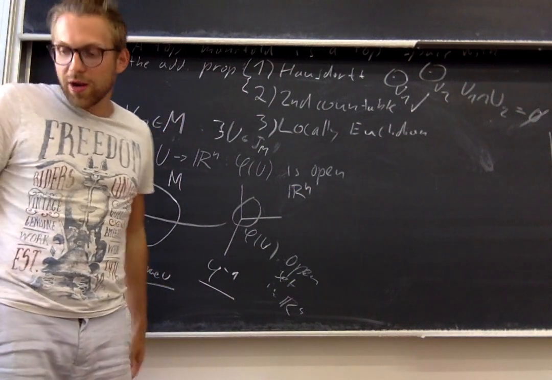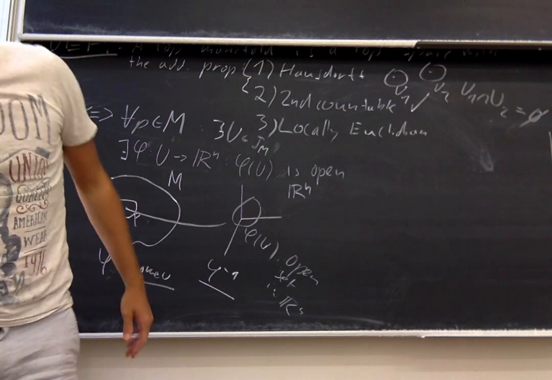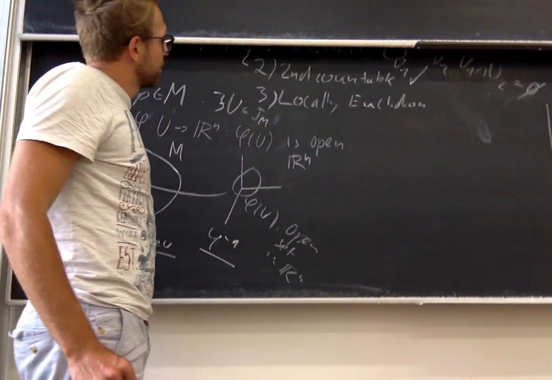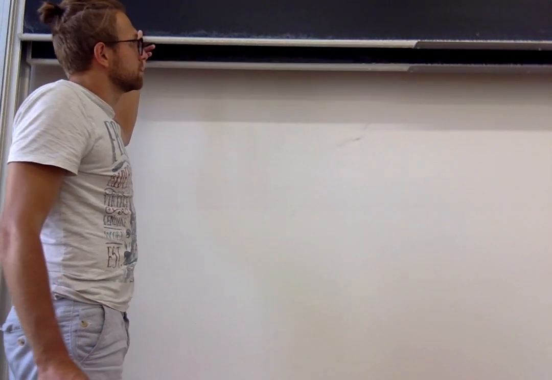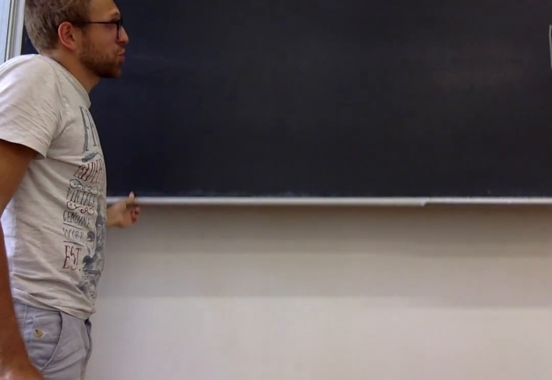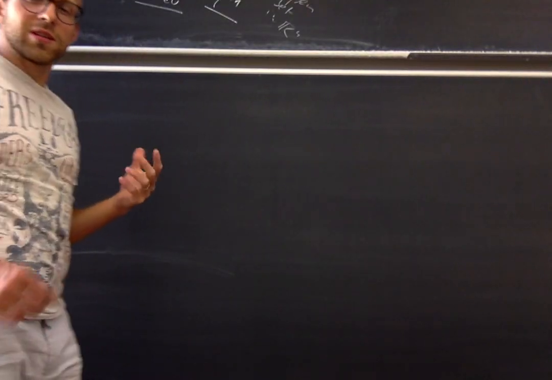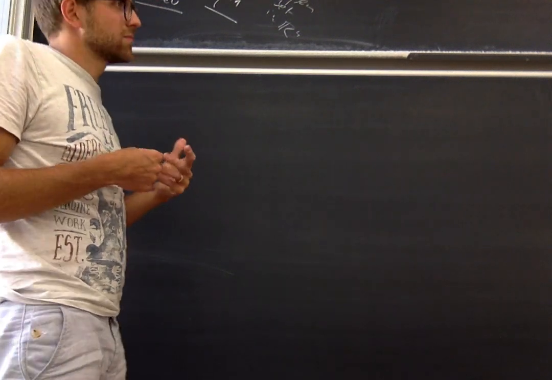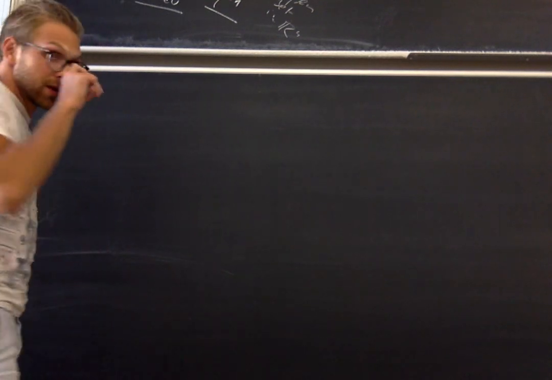As you can see, my writing is very poor, but I hope you guys can survive that. And what's next? All right. Now, before we hop into the example, I wanted to give you a maybe trivial example, but it's good to use it to get a grip on what a topological manifold is.